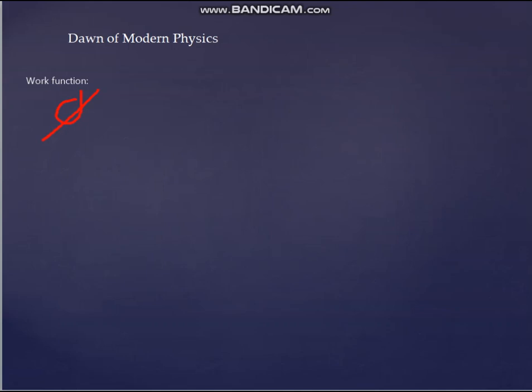Okay, let's do it. Here we go. It's better. This is phi. We also use this symbol for electric flux, but right now we're talking about the work function. h is Planck's constant, and nu naught would be the threshold frequency.